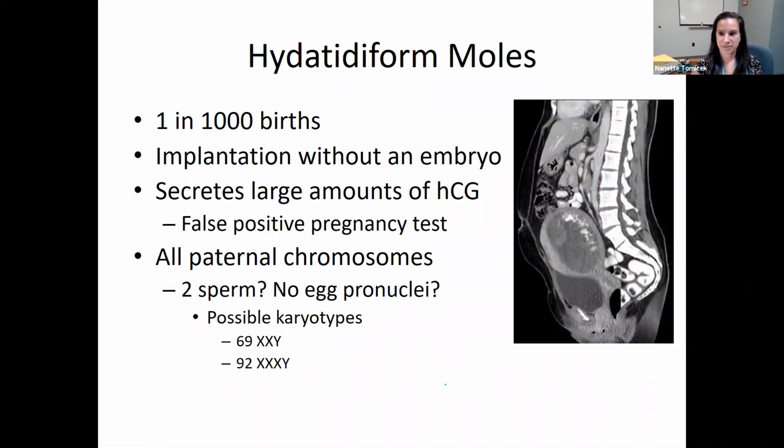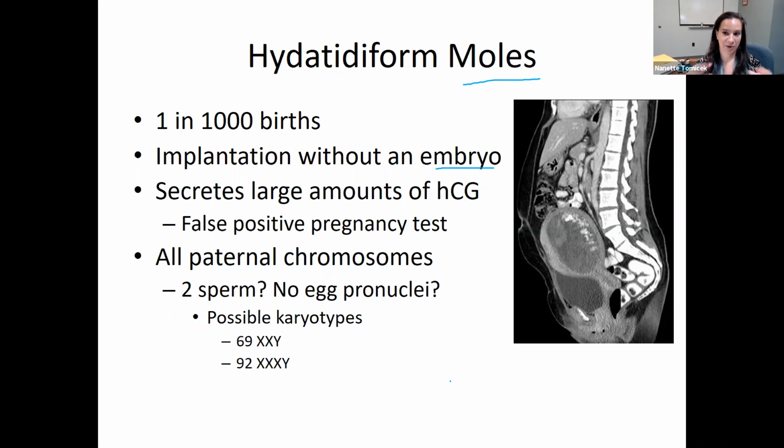Okay, is it possible to get a false positive pregnancy test? Absolutely. One of the craziest examples is the hydatidiform moles. What is that? Sometimes this is called a molar pregnancy. You can get implantation without an embryo.